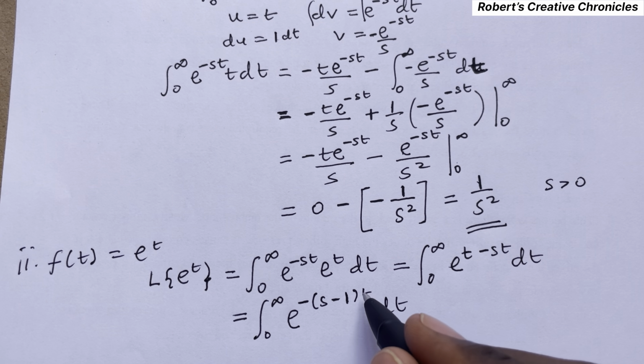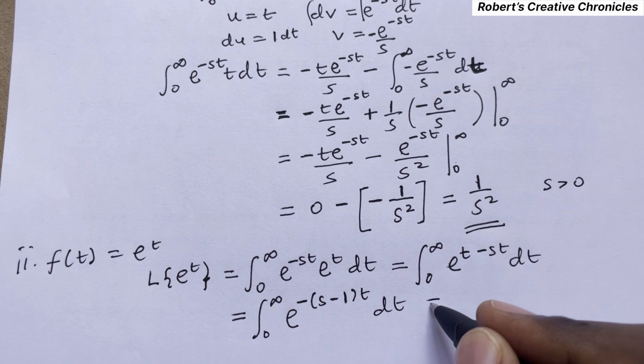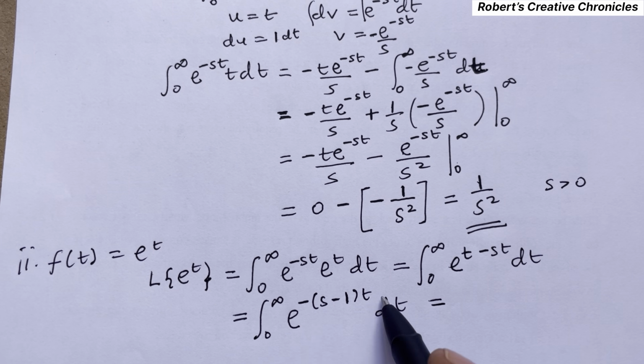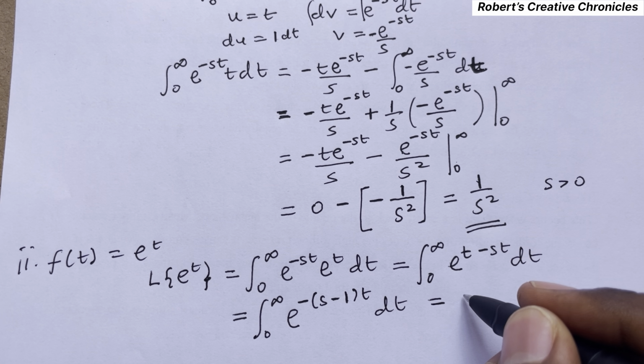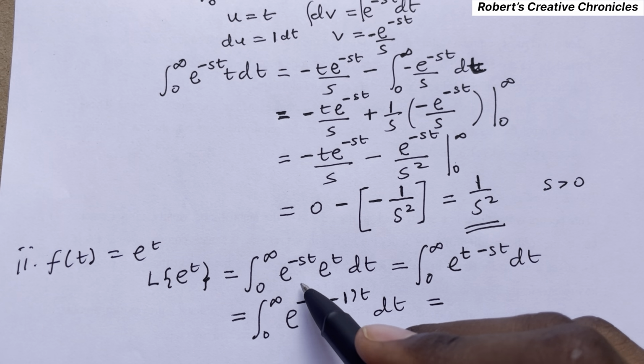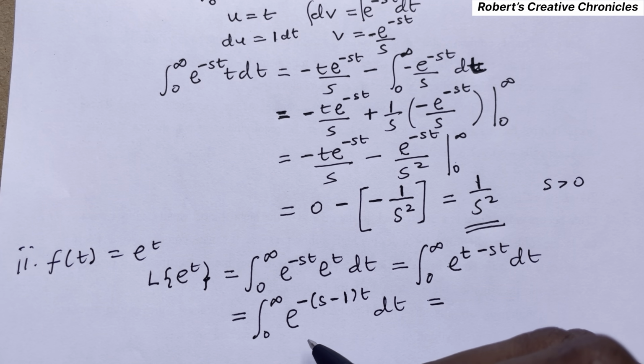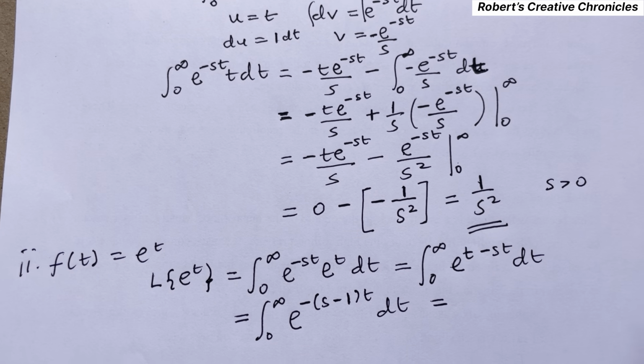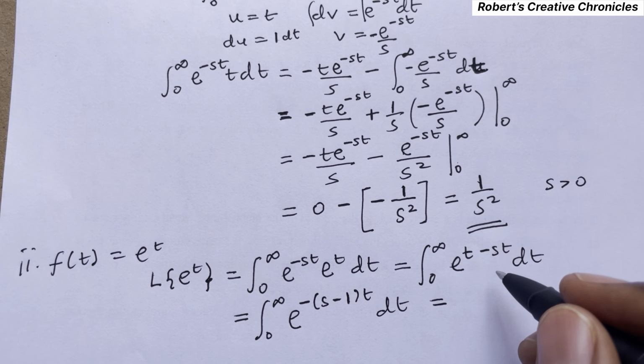So now we can integrate this. It becomes what? This becomes negative s minus 1. That is the derivative. Then we divide this whole function by it. To integrate this function, we differentiate the power, and then we divide the whole function by that derivative. So this becomes what?